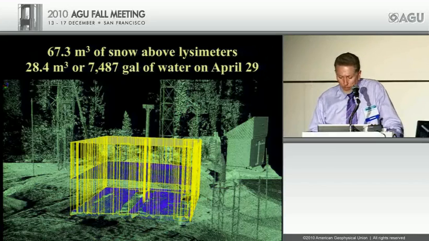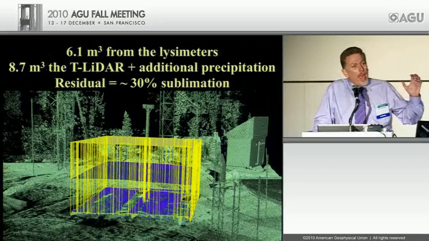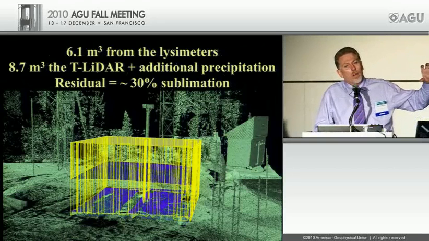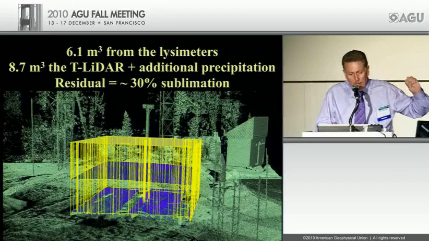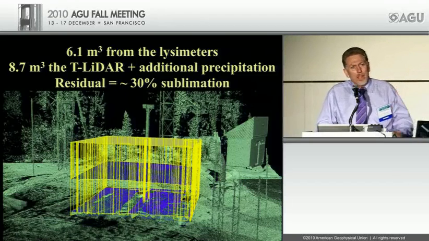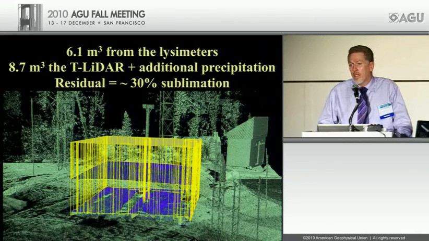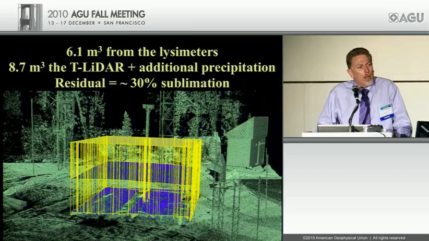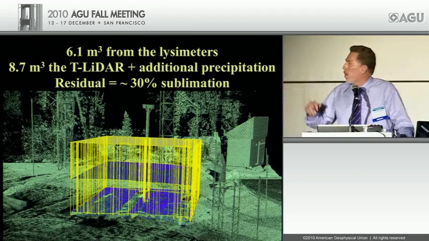What we're able to do is calculate how well the water from the ground-based LiDAR versus the lysimeters add up. The discrepancy is likely due to sublimation, and that's a key part. That's going from snow, crystal ice, into vapor, completely bypassing the water component. Sublimation is a key component for climate modeling, and for translating snow depth to real water availability.